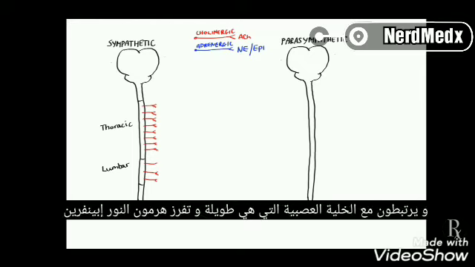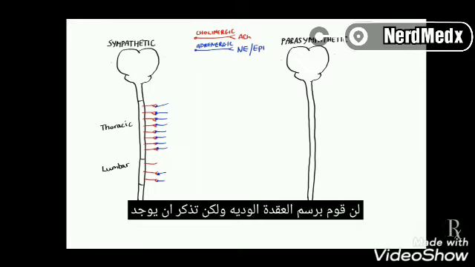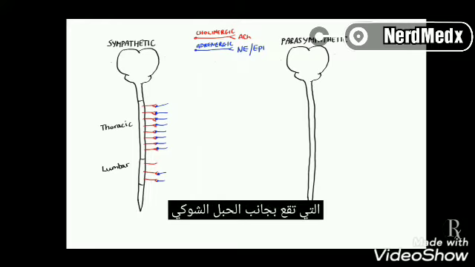And they synapse with postganglionic neurons, which are long and release norepinephrine, so they are the adrenergic neurons. And for simplicity and to conserve some space, I'm going to skip drawing sympathetic ganglion, but just keep in mind that there is this chain of synaptic connections of sympathetic neurons that lies alongside the spinal cord.